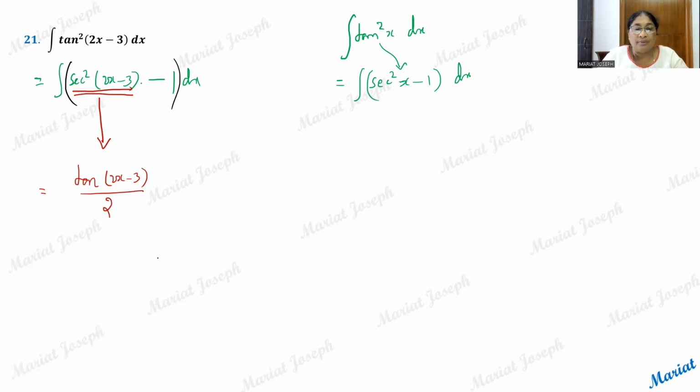Very good. This we have practiced the other day, the direct shortcut. Okay. What is the integral of the second term, Ishita? Integral of 1. Minus x. Yes. Then that's all. This is the answer. Integral of tan square 2x minus 3 completed, children?